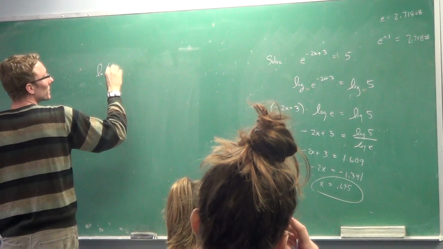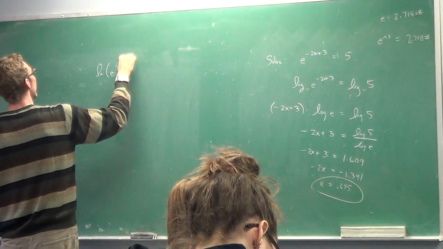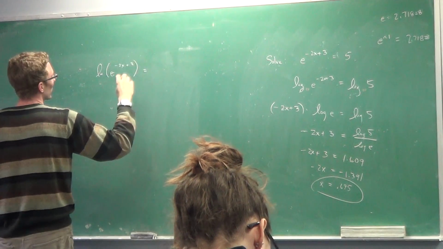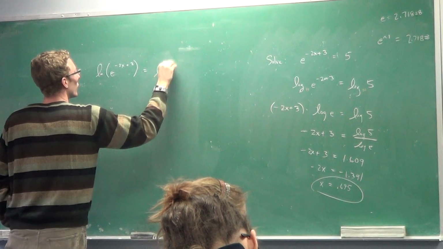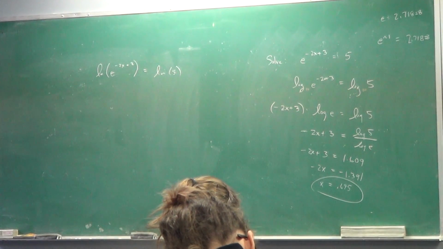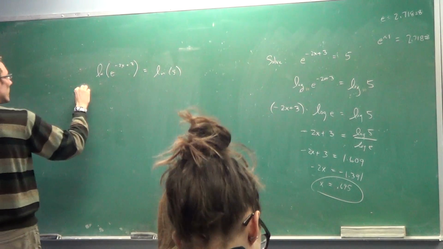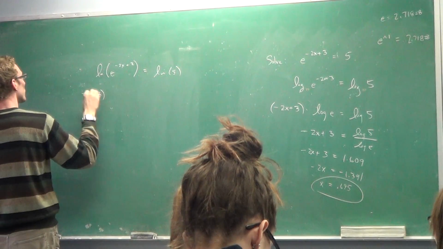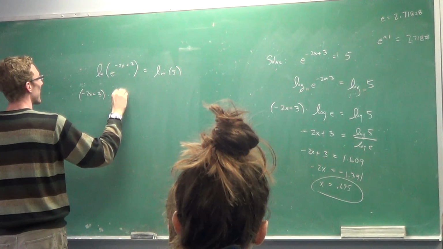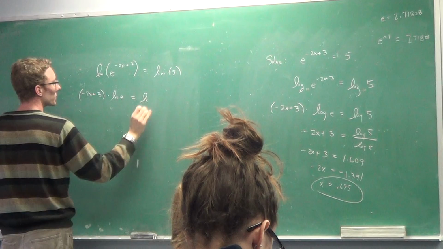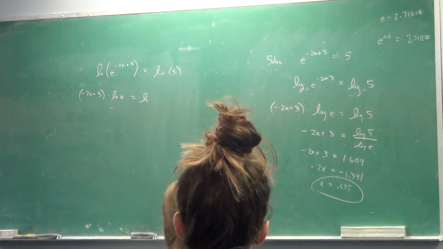When you drop the power down, you'd have negative 2x plus 3 times ln e equals ln 5.